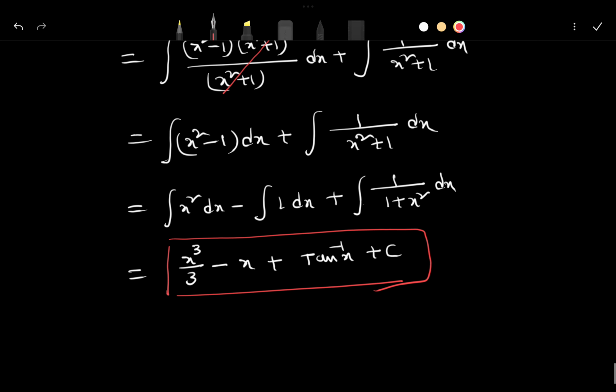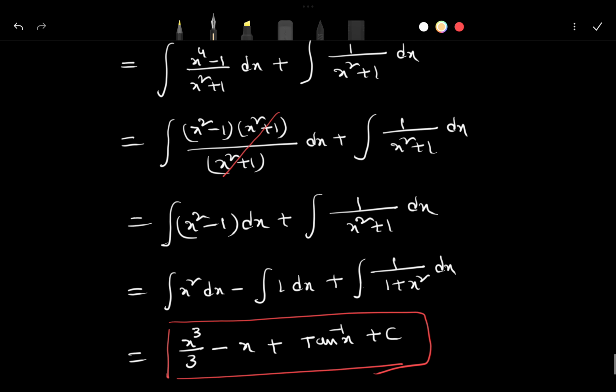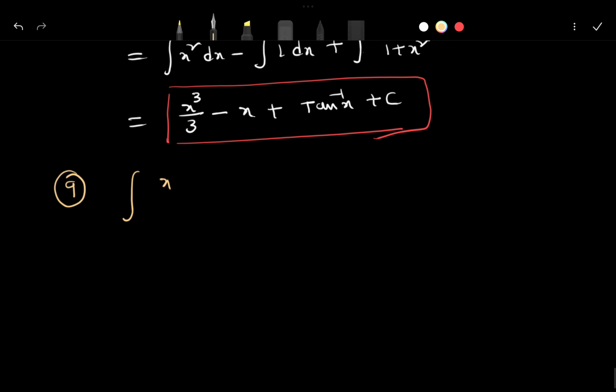That is question number 9. The next question will be question number 9: integration of x to the power of 4 plus 2 by x square plus 1. It is also an improper fraction. Very clearly, the above question was x to the power of 4 by x square plus 1.